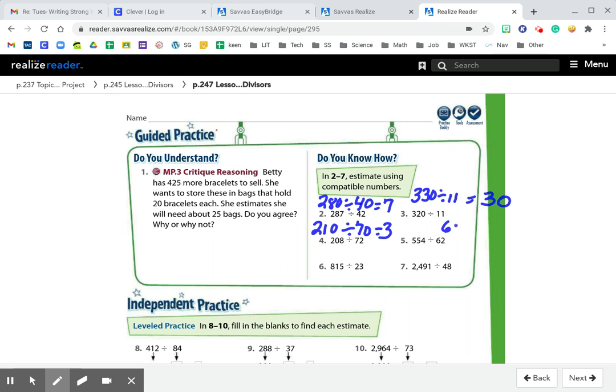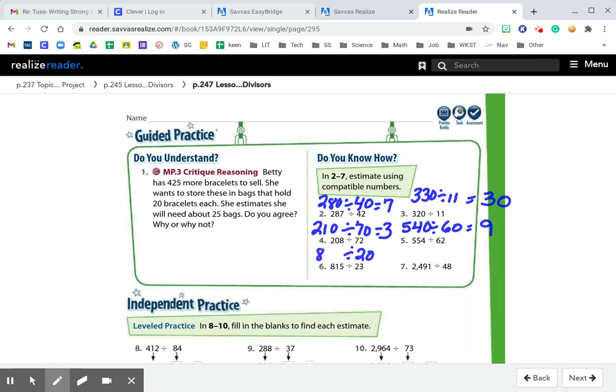Number 5, bring it down to your nearest 10 or up to your nearest 10. Look for multiples. 6 times 9 is 54. So I'm going to bring this to 540 and make that a 9. 15 divided by 23, I'll bring that to the nearest 10.